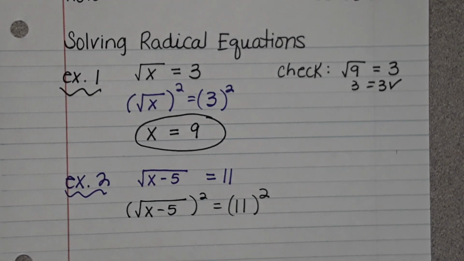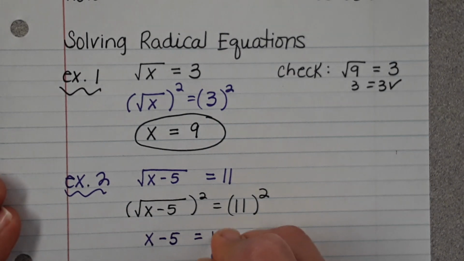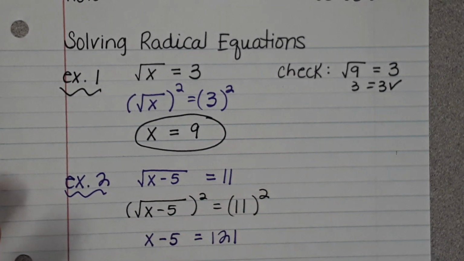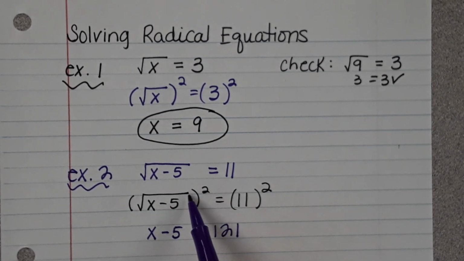That square is undoing the square root, okay? So now you get x minus 5 equals 121. You don't have to square what's underneath it because the square is undoing the square root.